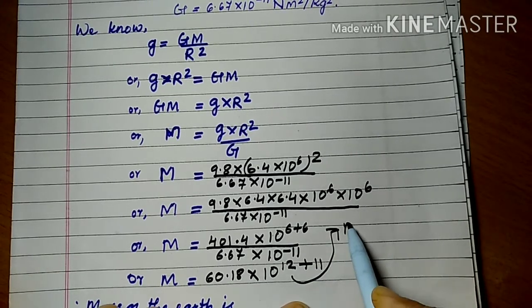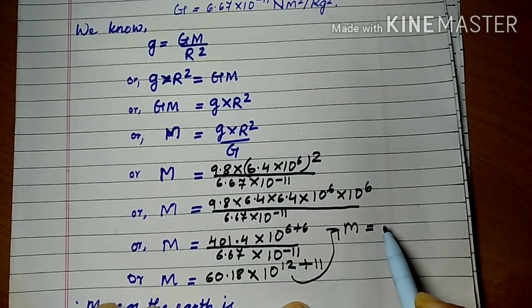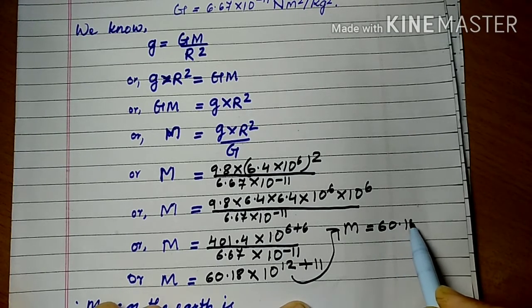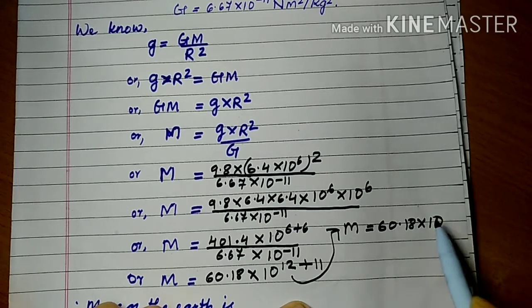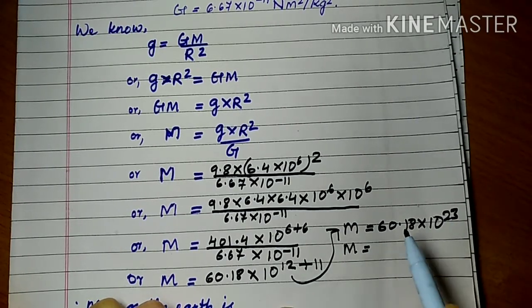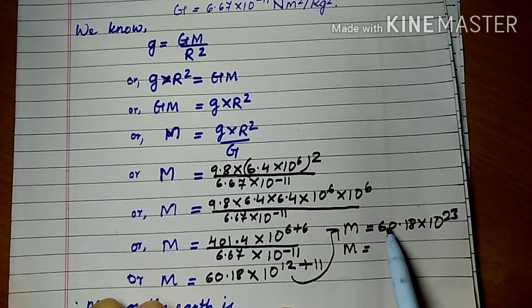So capital M is equal to 60.18 into 10 to the power 12 plus 11, 12 plus 11, 23. Again M equal to, now you have to bring this decimal point towards left.